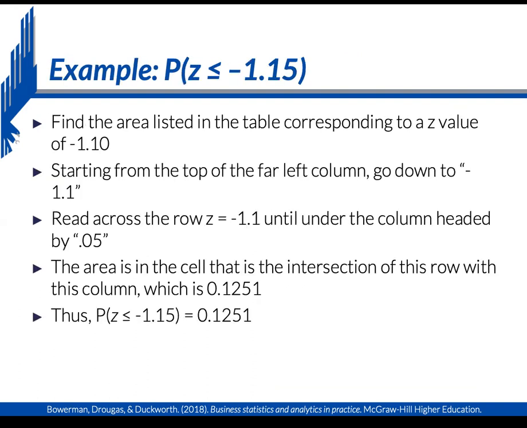So for example, if we were asked to find the probability that a z-score is less than or equal to -1.15, this is asking for the total area to the left of a z-score which is -1.15. We can find this through the standard normal table.